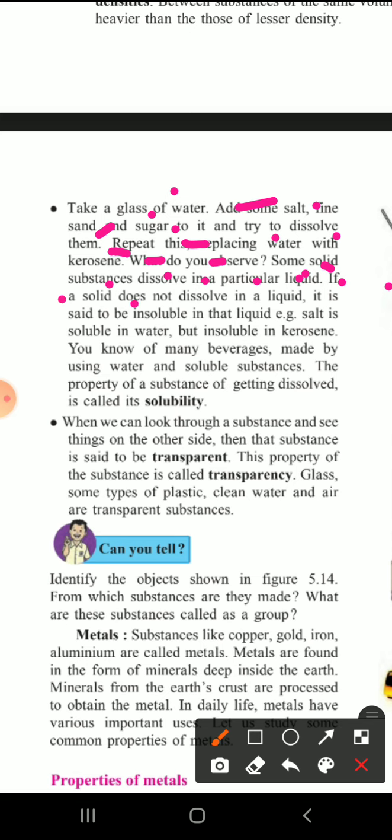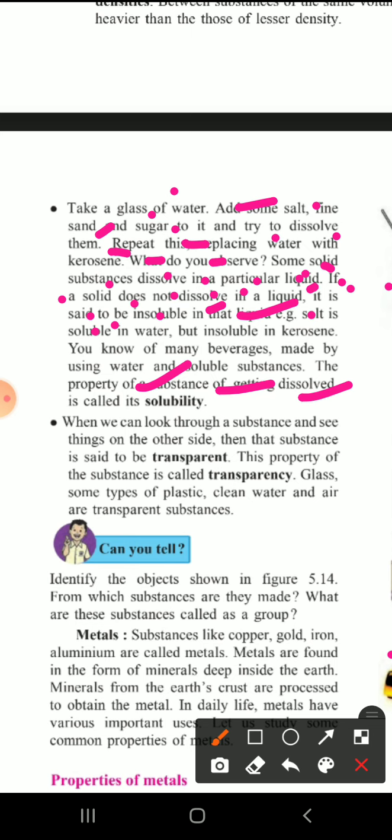If a solid does not dissolve in a liquid, it is said to be insoluble in that liquid. Example: salt is soluble in water but insoluble in kerosene. You know of many beverages made by using water and soluble substances. The property of a substance of getting dissolved is called its solubility.